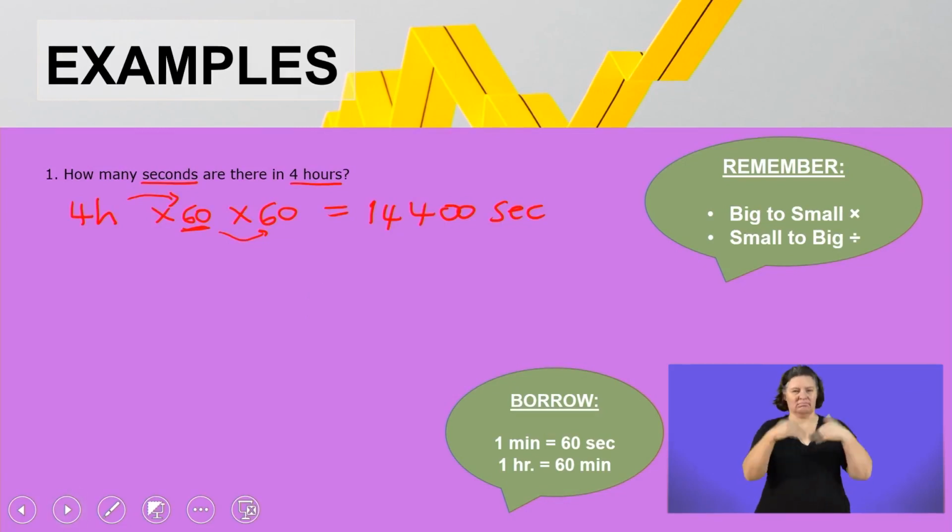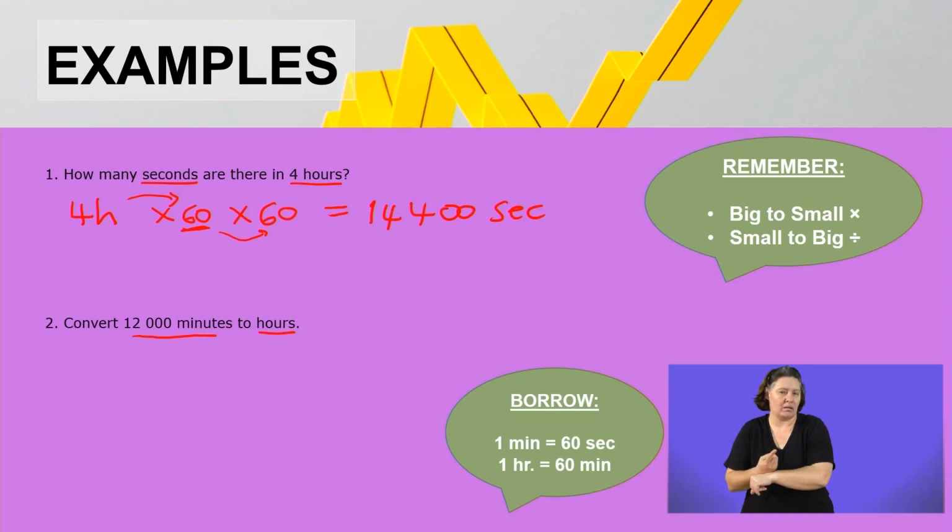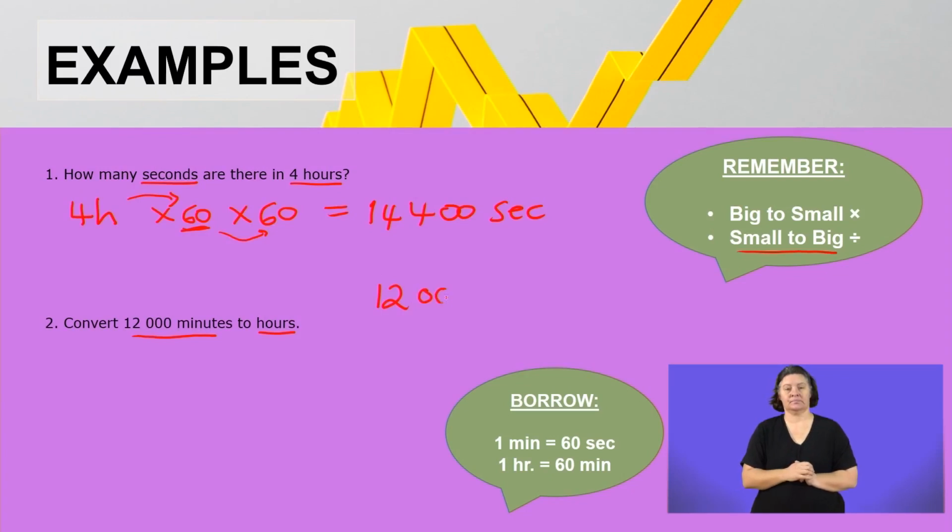Okay, so let's look at another example here. Second example, I'm saying convert 12,000 minutes to hours. Right? So now I'm doing small to big. And if you look here, I'm saying small to big, we will divide. All right? So therefore, I will take my 12,000 minutes and I'll divide that by 60.